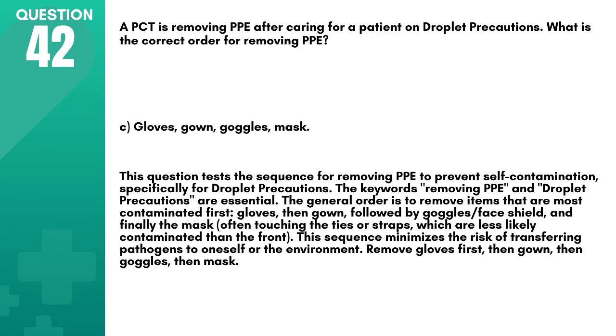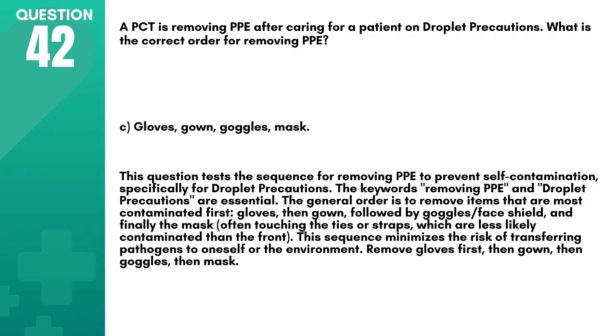Answer C. Gloves, gown, goggles, mask. This question tests the sequence for removing PPE to prevent self-contamination, specifically for droplet precautions. The keywords removing PPE and droplet precautions are essential.